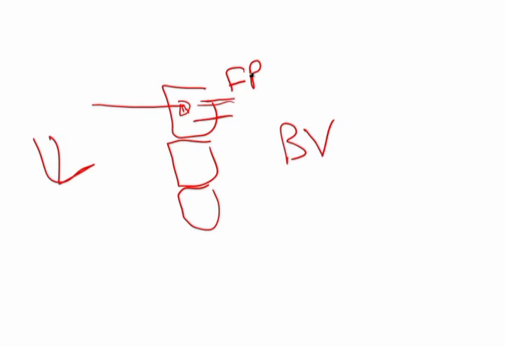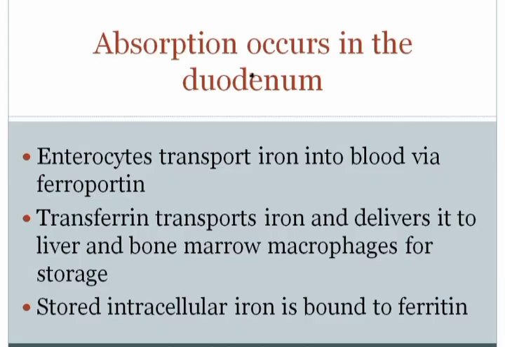However, generally speaking, physiologically, the human body does not really have a way of getting rid of iron. And so you only want to bring in iron when it's needed by the body, and you don't want to allow excess iron to come into the body. And so the enterocyte plays that important role of deciding whether or not iron should go into the blood. And it uses ferroportin to make that decision. So ferroportin is the key transporter that takes iron from the enterocyte and places it into the blood.